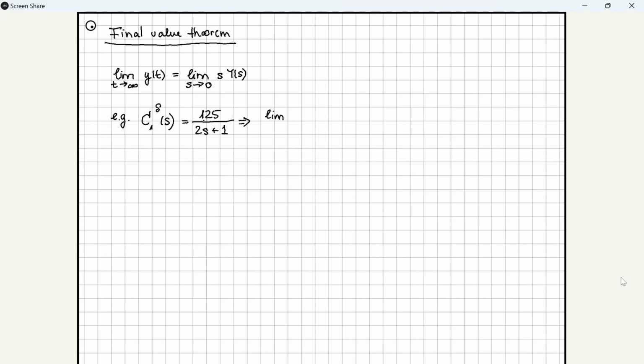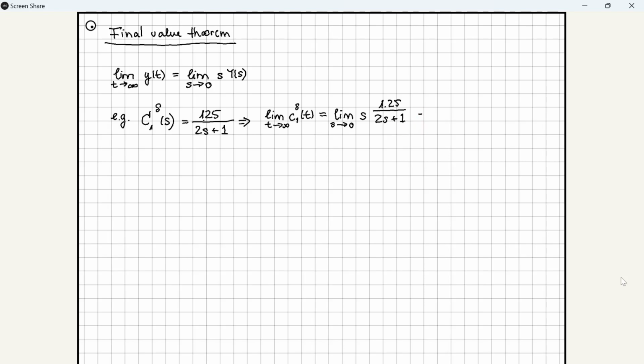So we get the limit of C1 delta of t as t goes to infinity is equal to the limit of s goes to 0, s times the Laplace transform of Ci, which is 1.25 divided by 2s plus 1.